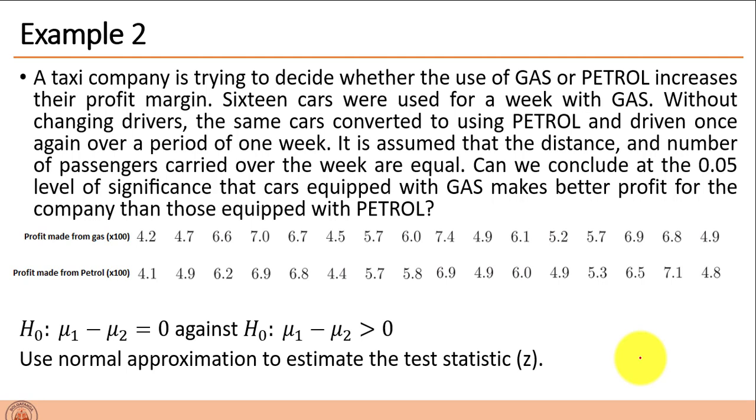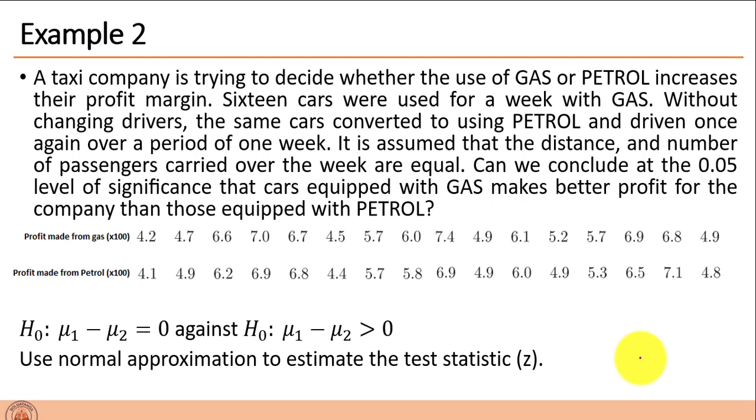So this is what we can say. Let's do the subtraction. If actually they are making the same profit, then the sales that they are making every day should be the same. So if I use a petrol car, I should get the same profit as using a car that is using gas.